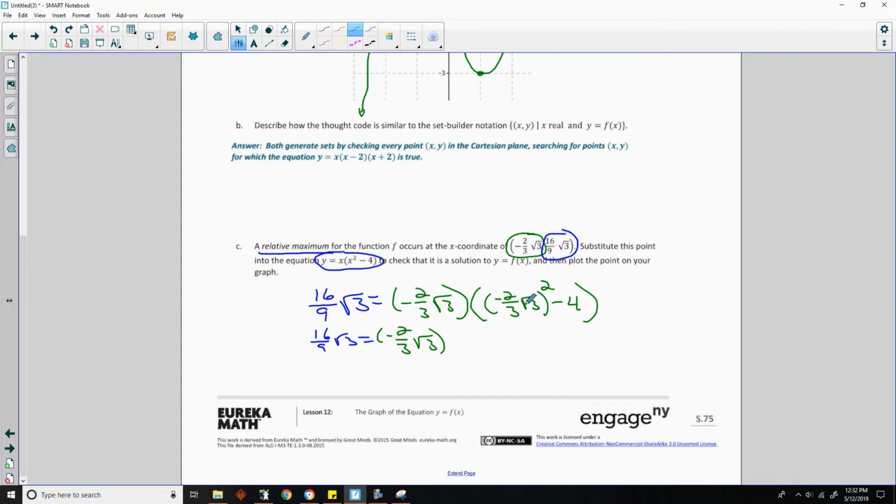When you square something in parentheses and there's a number and a radical, you have to distribute the square. So a negative times a negative is positive. 2 squared is 4. 3 squared is 9. And the square root of 3 squared is simply 3. So I'll make that 3 over 1 minus 4.